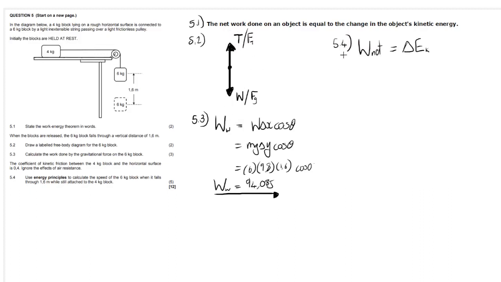So let's have a look then. What happens when we expand the net work? The net work is going to be the work of friction, that is a force that is acting on the 4 kilogram block. There is also the work done by gravity. There is also the work done by the normal force.